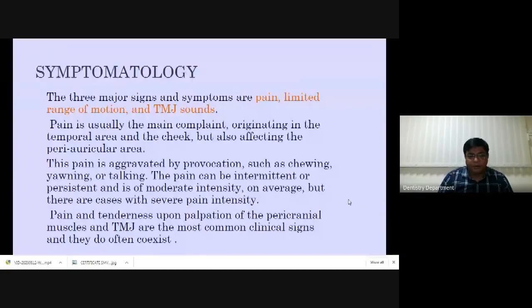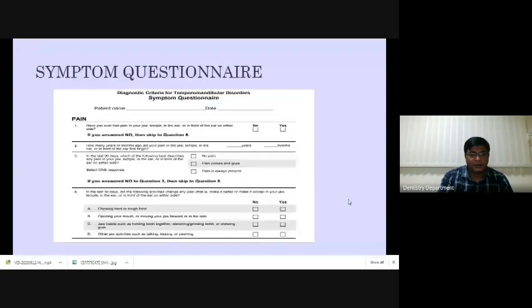The pain can be intermittent or persistent, and it may be of moderate intensity on average, but there are cases with severe pain intensity also. Pain and tenderness upon palpation of pericranial muscles, that is temporalis, masseter, etc., and the TMJ are the most common clinical signs, and most of the time they coexist. Patients used to have pain in both regions, the TMJ and the masticatory muscles.